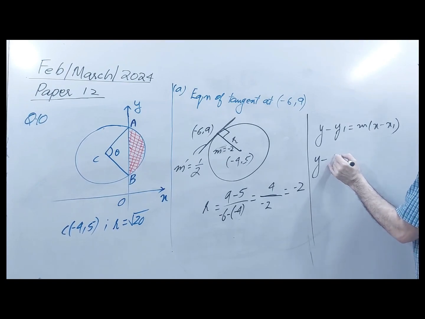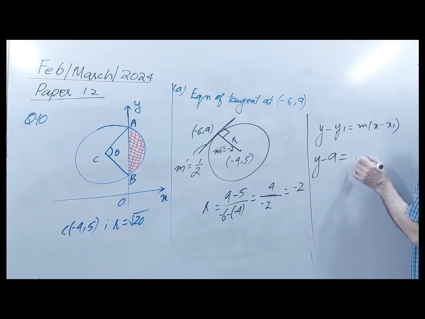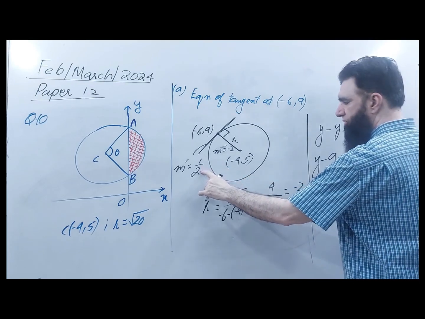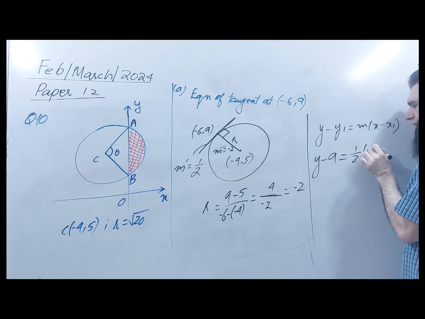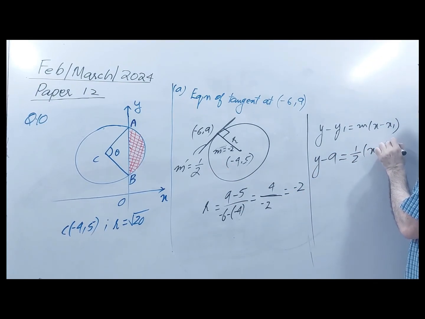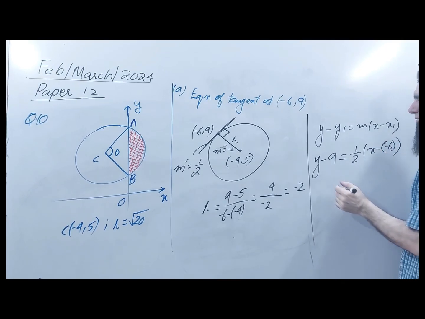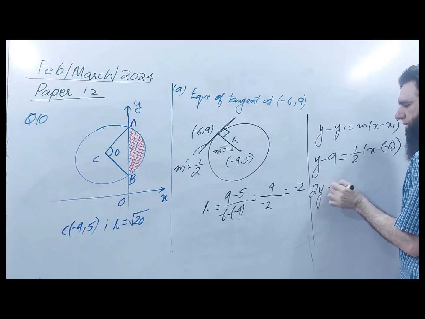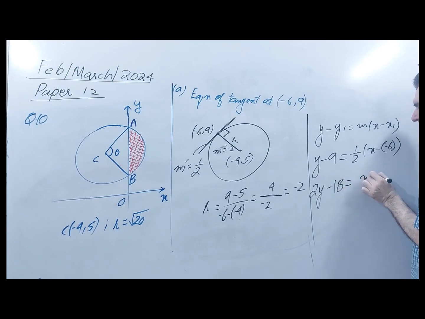So y minus y1 is y minus 9, and m is 1 by 2, and x minus x1 is x plus 6. The 2 goes there, it's 2y minus 18 equals x plus 6.